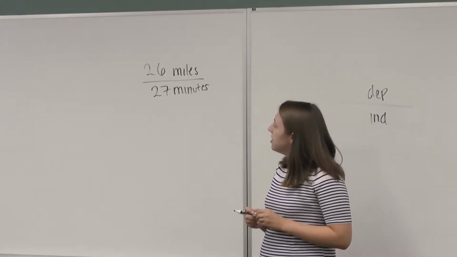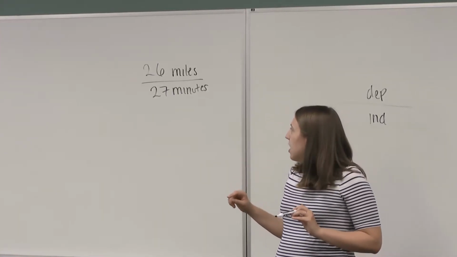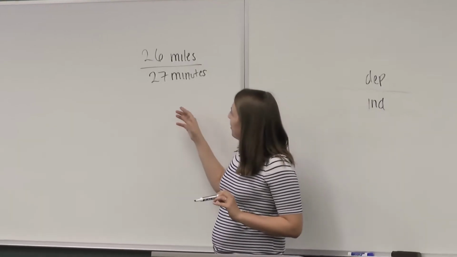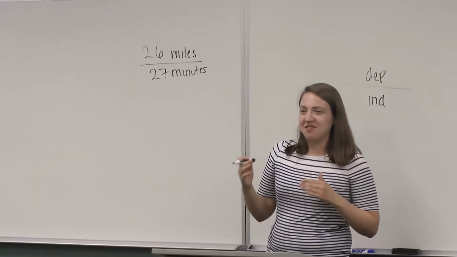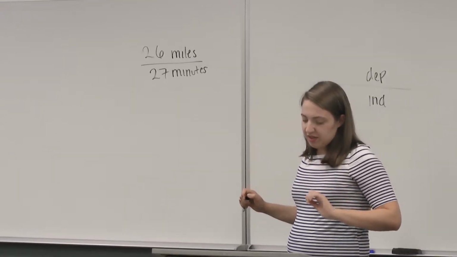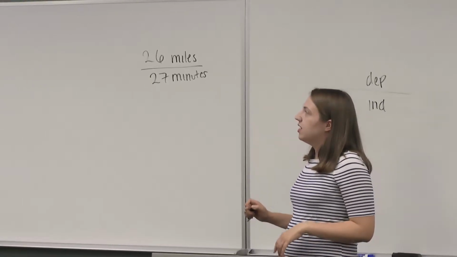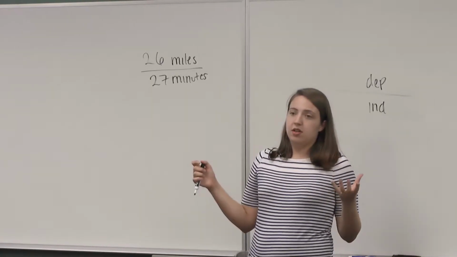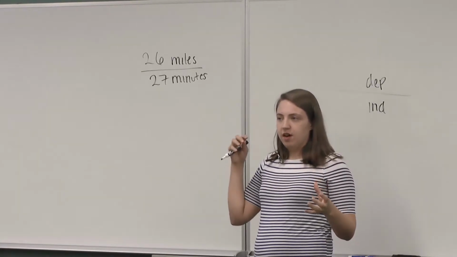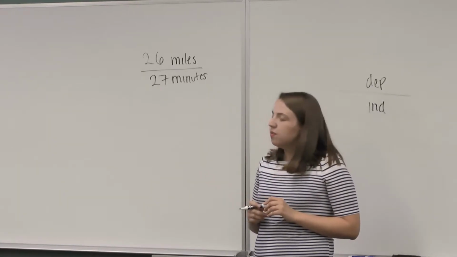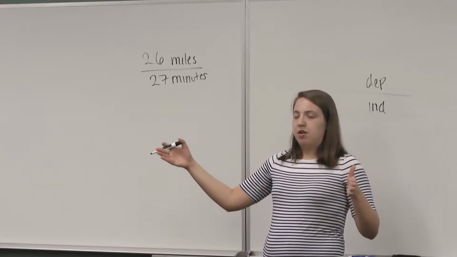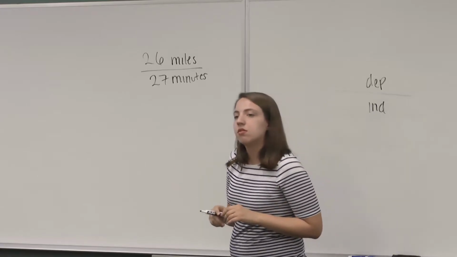So this rate looks a little bit different than our other ones. We could put this as a fraction over 1, but that would require some difficult fractions that we're not going to do right now. So what's another way? If we were given two different distances and times, so two sets of a distance and a time, how could we use that to find the speed over the period of time in between those two times?